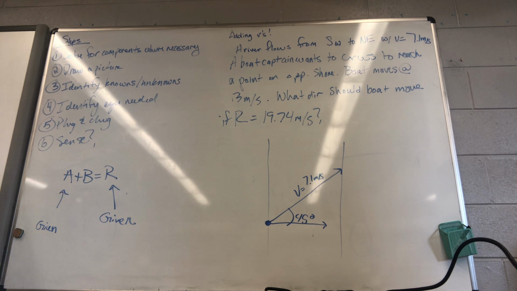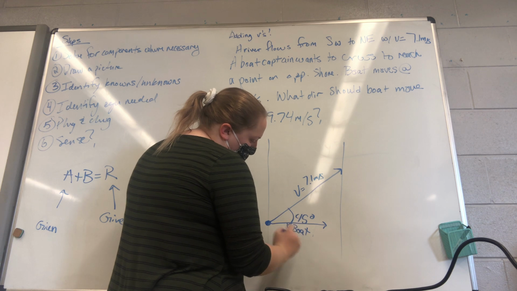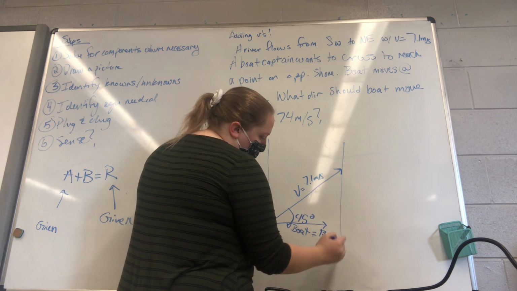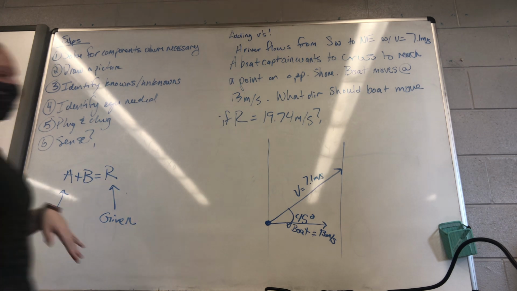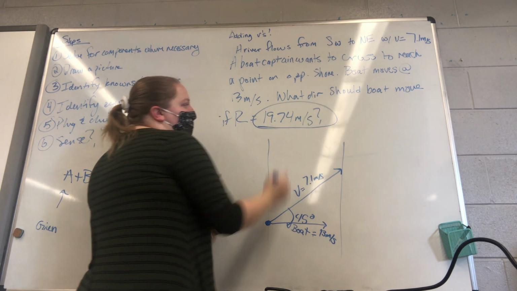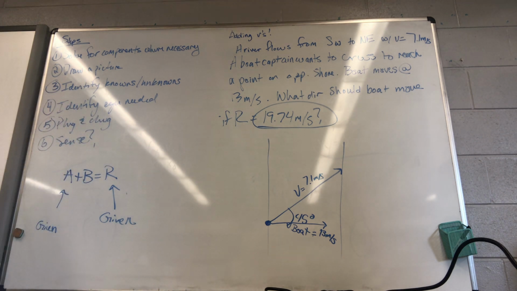Okay, so this is the boat. We're told 13 meters per second. The last thing we're told is the resultant is 19.74 meters per second, so this plus this is going to be 19.74. Since this is a big number, I'm going to assume the resultant has to be the hypotenuse of whatever triangle I'm drawing here, which should make sense once we put it all together.